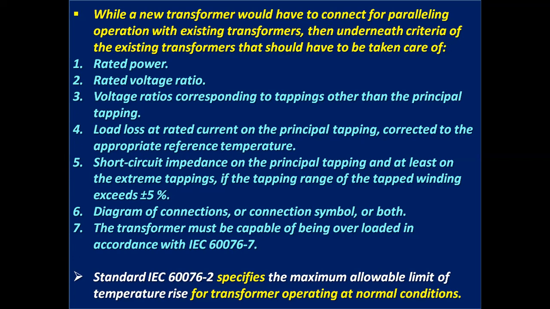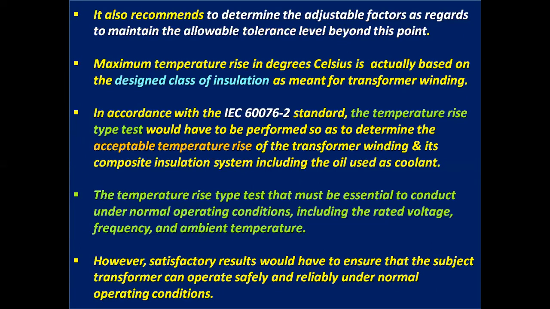Now, standard IEC 60076-2 specifies the maximum allowable limit of temperature rise for transformer operating at normal conditions. Most important, it also recommends to determine the adjustable factors as regards to maintain the allowable tolerance level beyond this point.